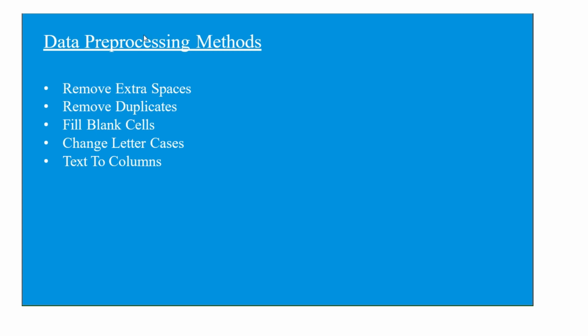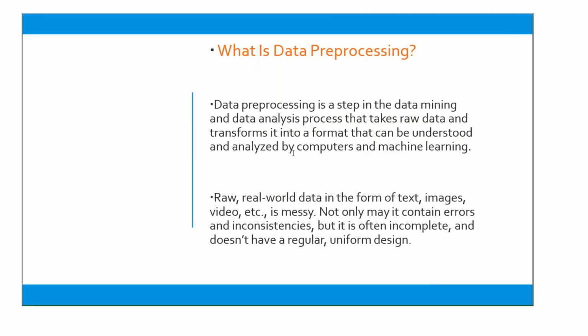By using these types of methods, we can remove the errors included in the raw or noisy data we collected from different sources in Excel. Data pre-processing means preparing the data for analysis and for making strategic business decisions in organizations by different companies.